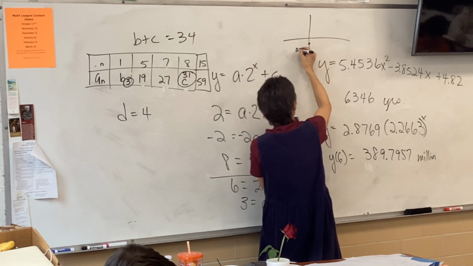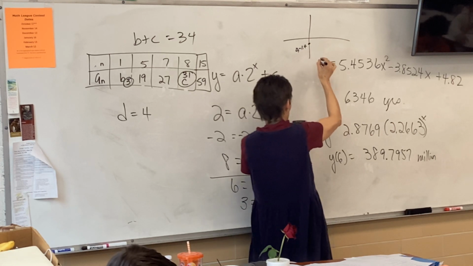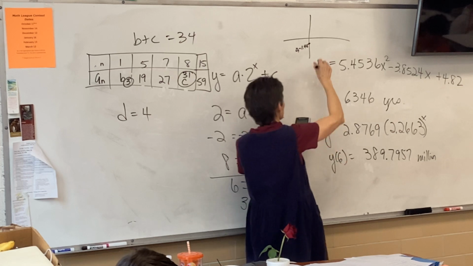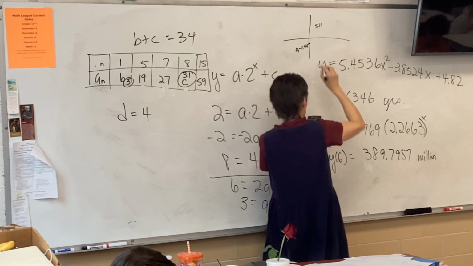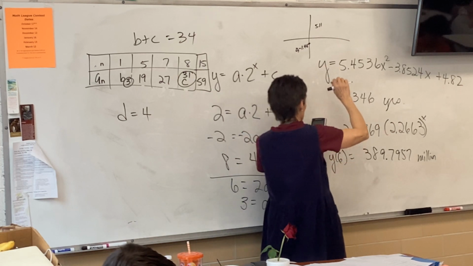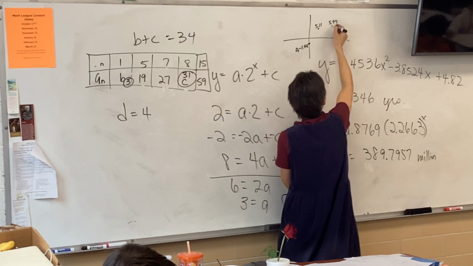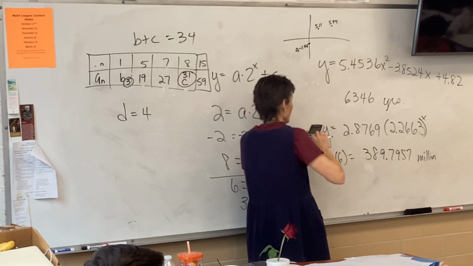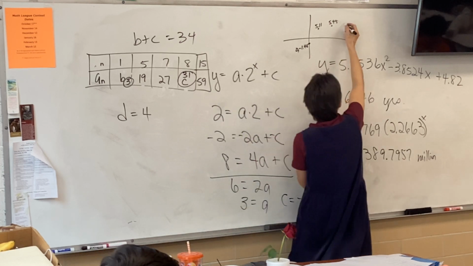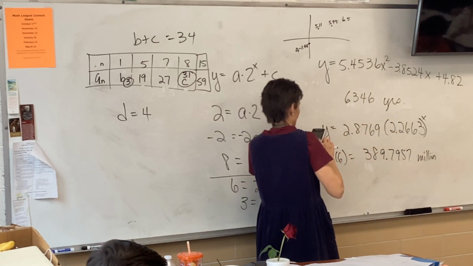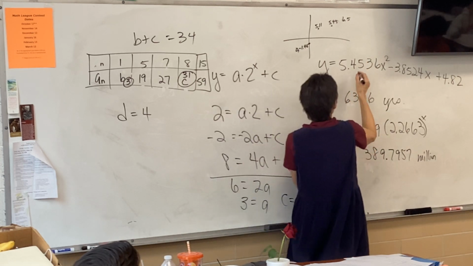So it's negative 1.4. And the next one is 5.11. And the next one is 5.95. So that will help you scale your paper. This is 6.5. Negative 3.6.